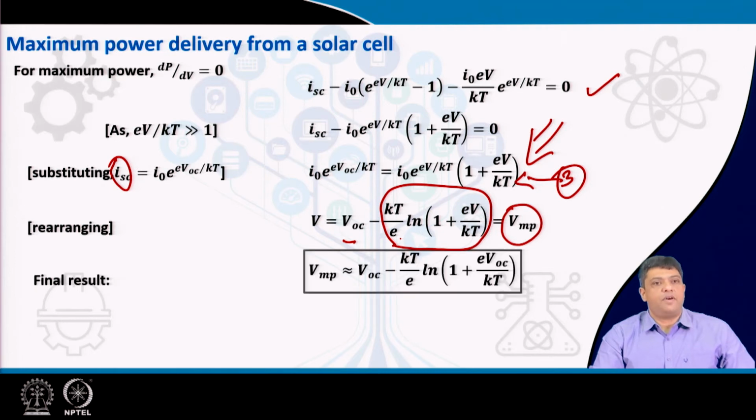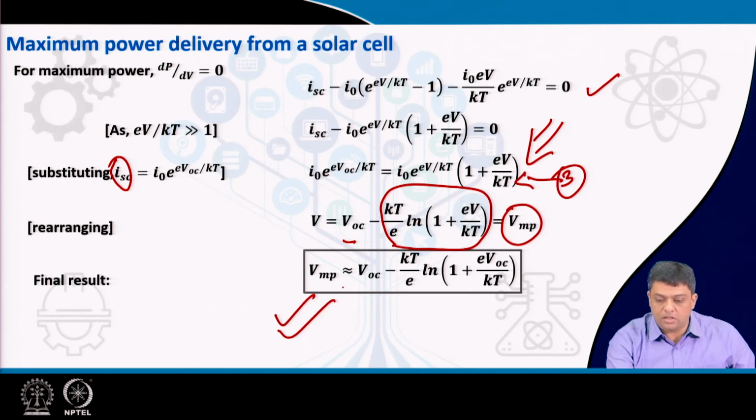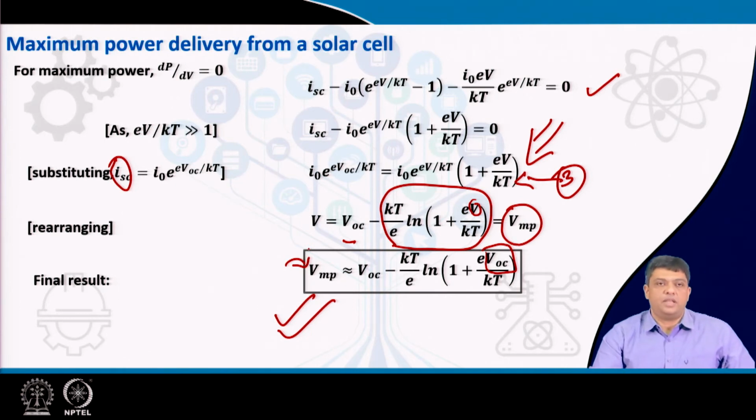And the final result is that VMP is approximately equal to VOC minus kT by e ln 1 plus e VOC by kT. So, this is the value where you have replaced V by VOC, and that gives you the maximum power that can be delivered from a solar cell.